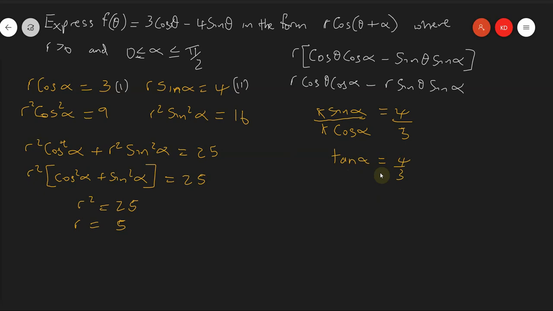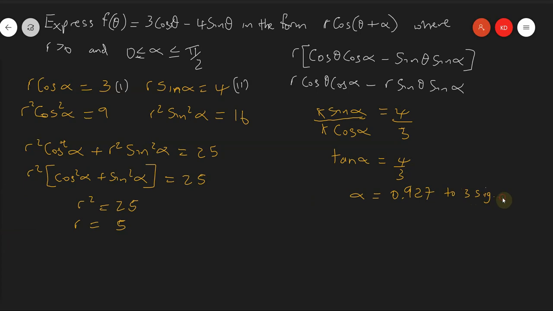Let me do that real quick on my calculator. And that's equal to, so therefore alpha is equal to 0.927 to 3 significant figures.